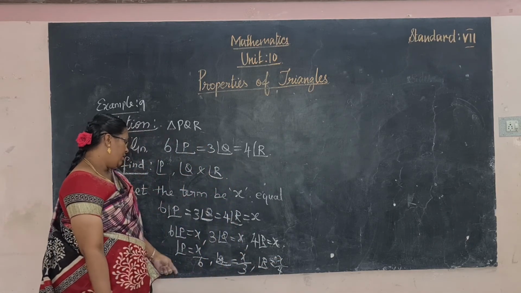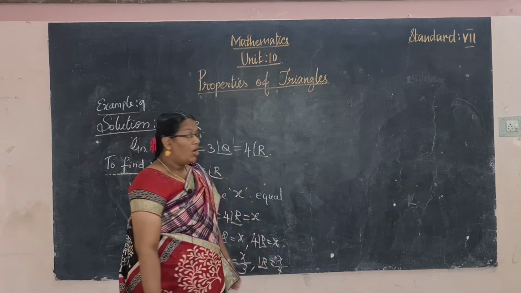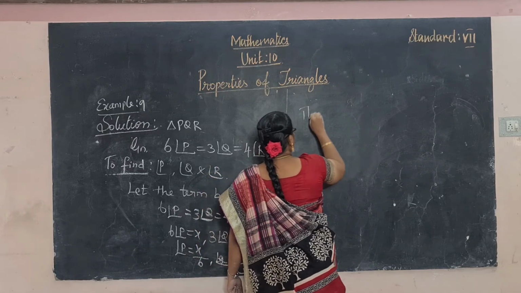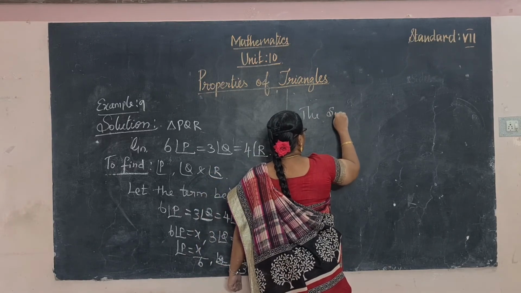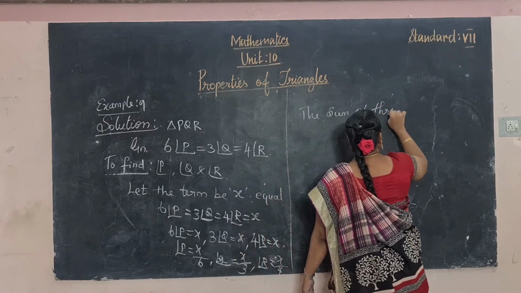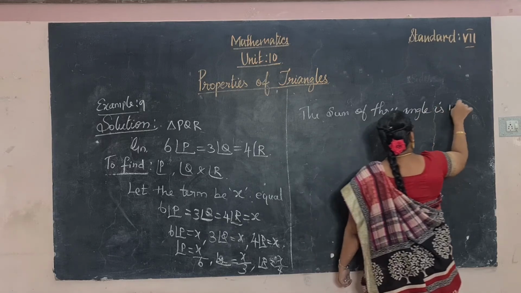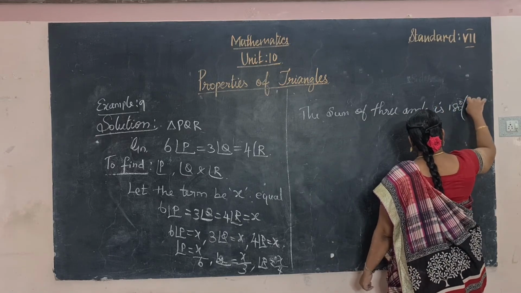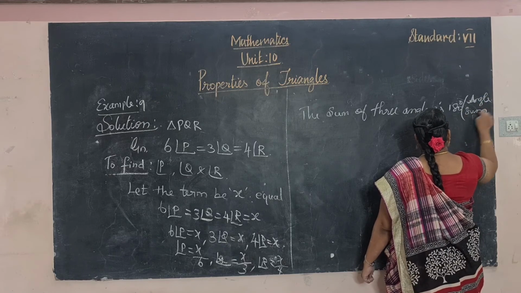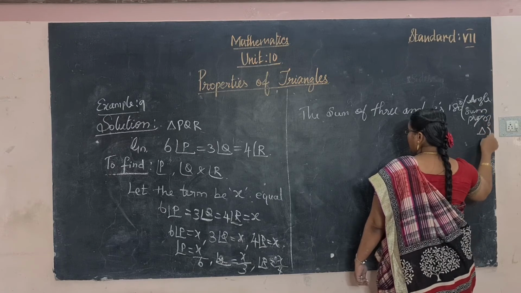Now we use the angle sum property of a triangle. The sum of the 3 angles is 180 degrees.